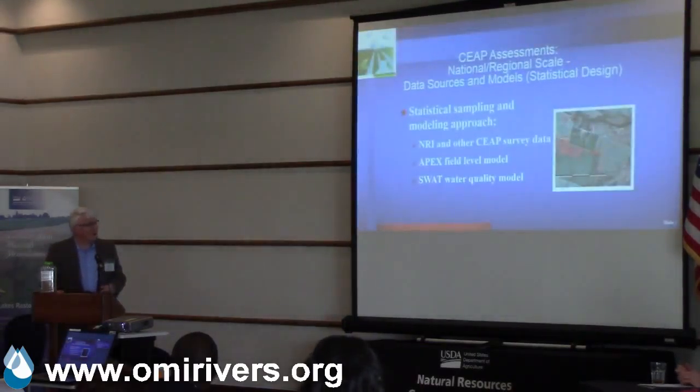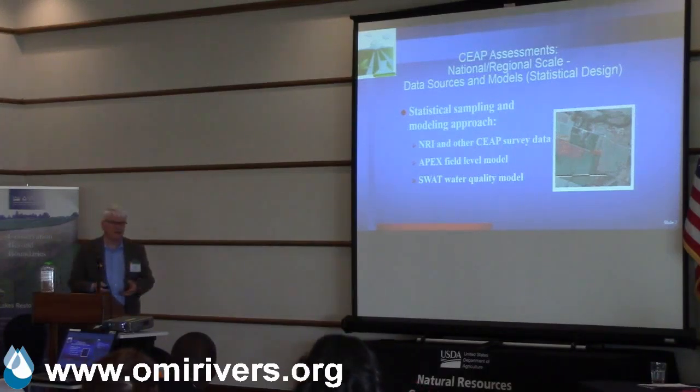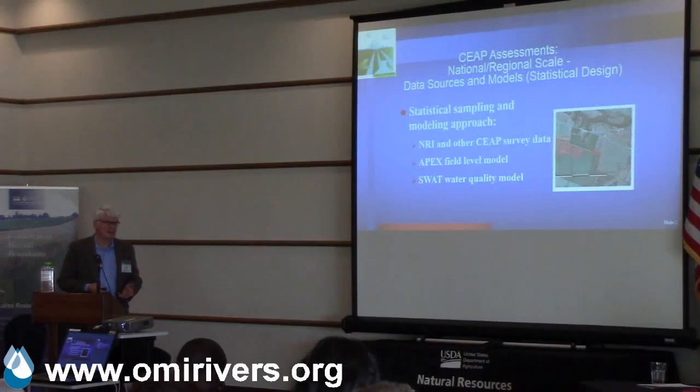Yeah. To give you a little idea of how we do this, we've long had this program called the National Resources Inventory. It's a statistical-based inventory of the nation's lands. It covers all land uses. We use a subset of that, the statistically randomly sampled subset, that we select the farmers that we're going to interview for the farmer interview.